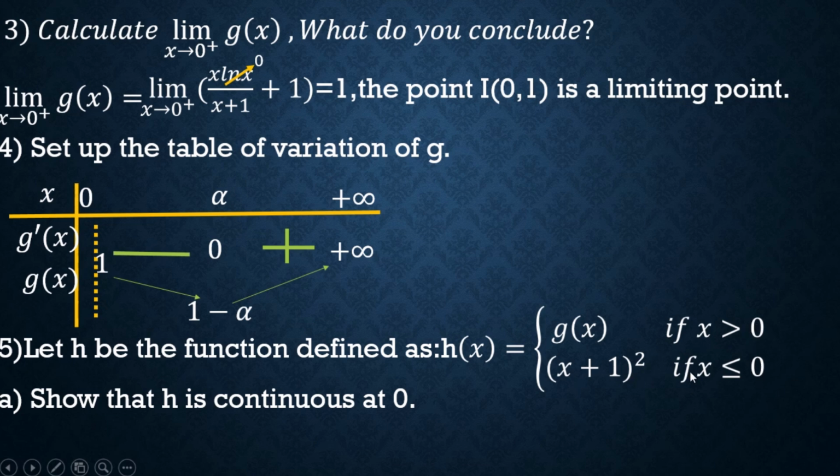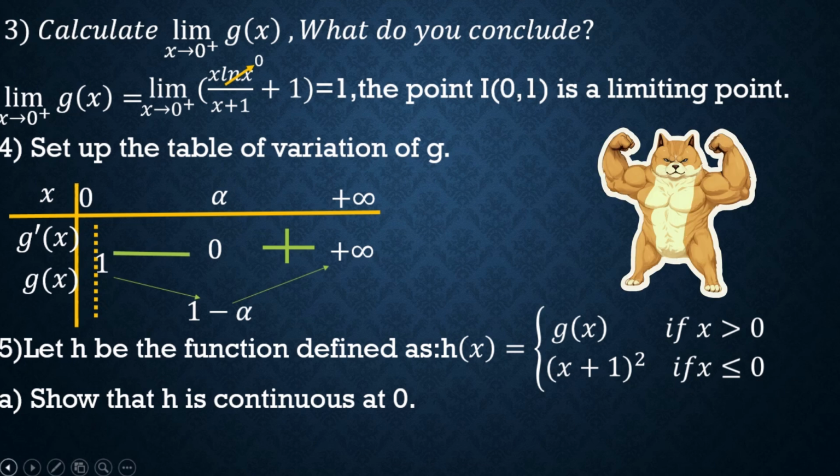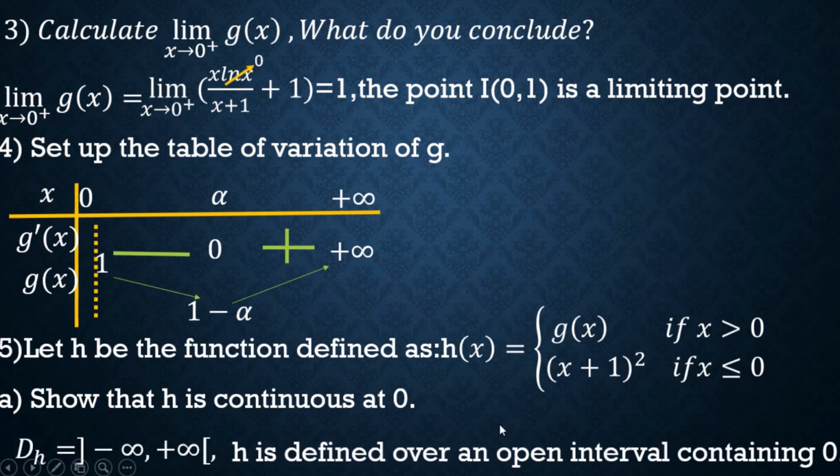We still have to study the continuity of h at 0. The domain of definition of this function is minus infinity to plus infinity, because for x positive, g of x is defined, and for x less than or equal to 0, (x plus 1) squared is defined. So the function is defined over minus infinity to plus infinity, and in a neighborhood of 0.